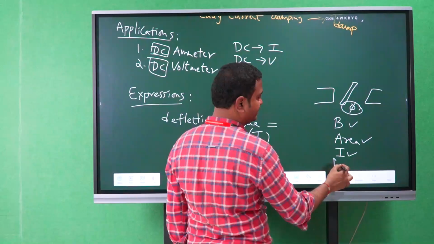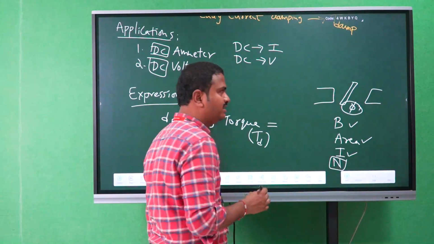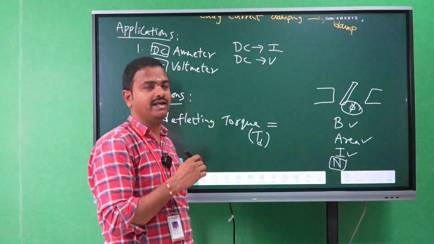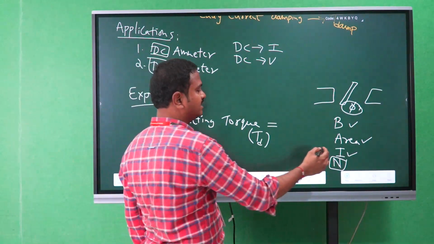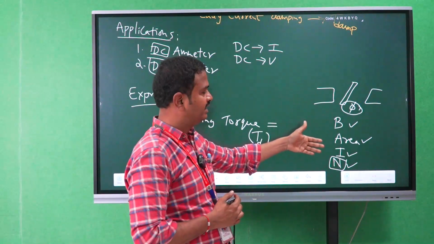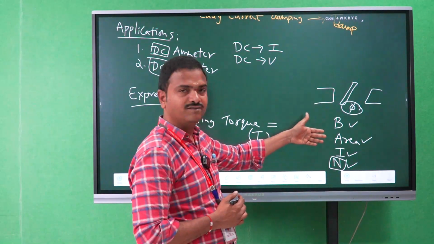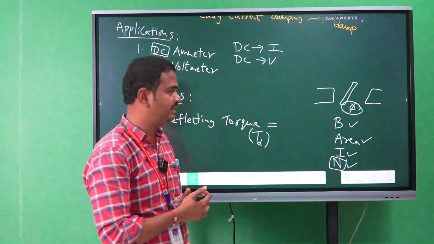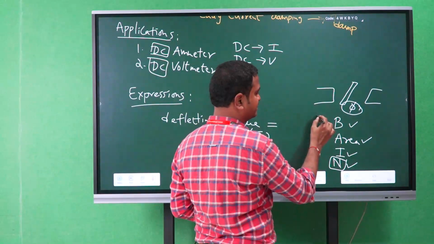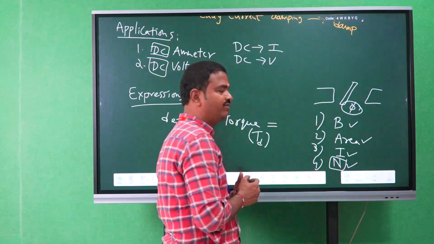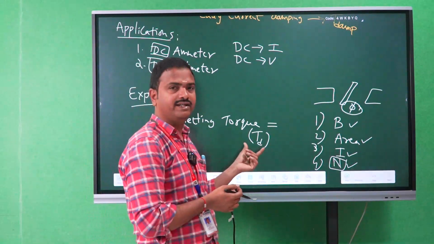And number of turns N. So the coil has N number of turns. So these are the factors: magnitude of flux density, current magnitude, area of the coil, and number of turns on the aluminum former. So these are the responsible factors to produce deflecting torque.